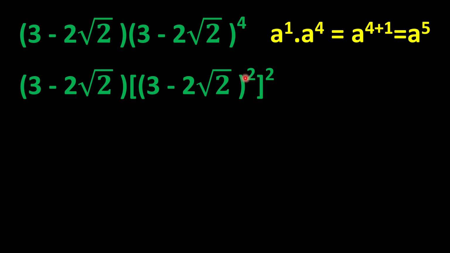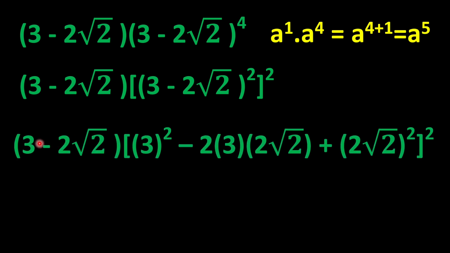So let's expand this again. This part will come down as such, and this will become a square minus 2ab plus b square. Here b is 2 under root 2, all power 2.